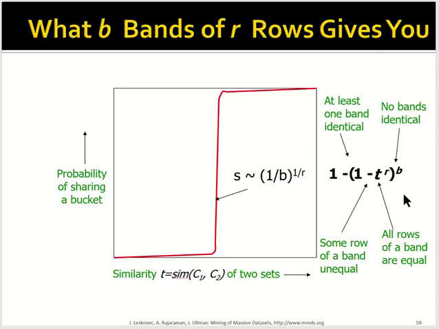respectively. Like I repeated, t to the power R represents that all rows of a band are identical, and as a union, that at least some rows are not identical is 1 minus t to the power R. Based on this, we can extract that no band being identical at all is that to the power B, and at least one band being identical is 1 minus these parameters.